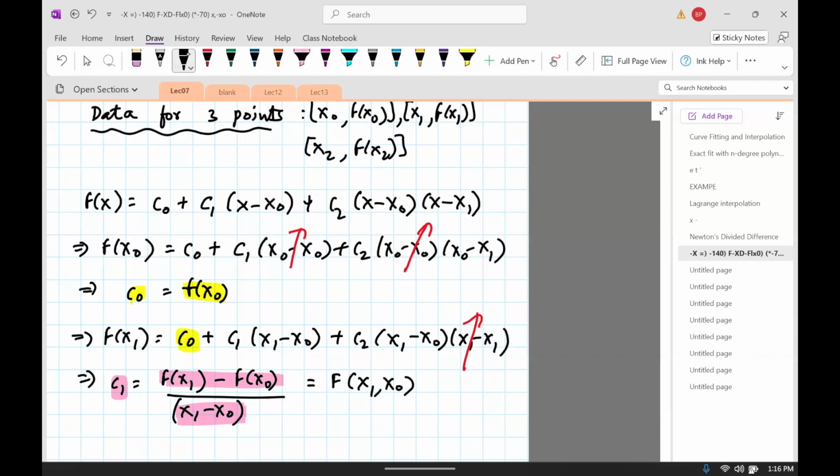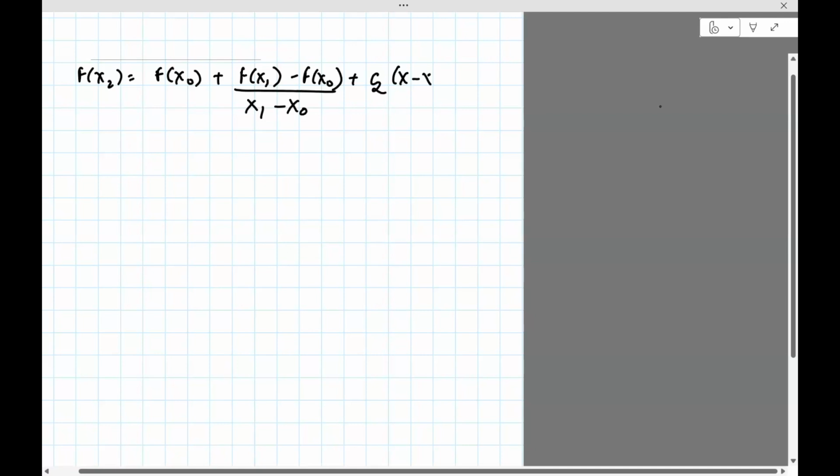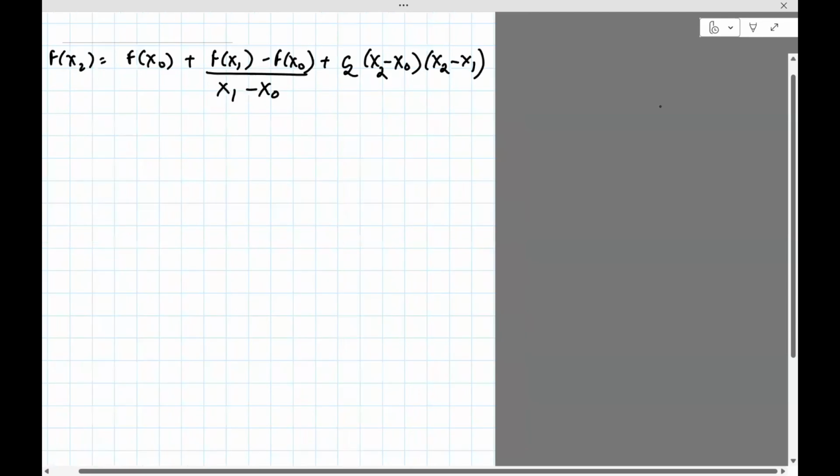We substituted x0, we substituted x1. Let's substitute x equals x2 now. So C0 is f of x0 plus C1, which is f of x1 minus f of x0, times x1 minus x0, plus C2 times x2 minus x0, x2 minus x1.